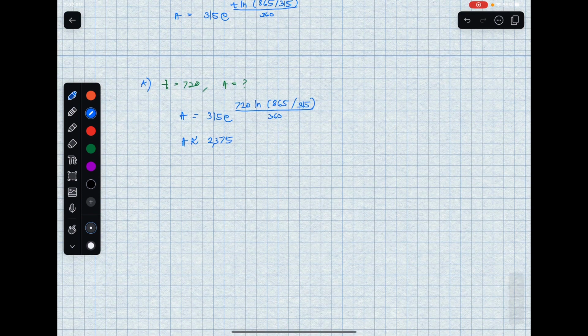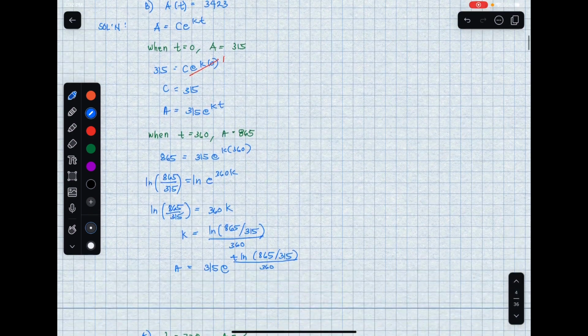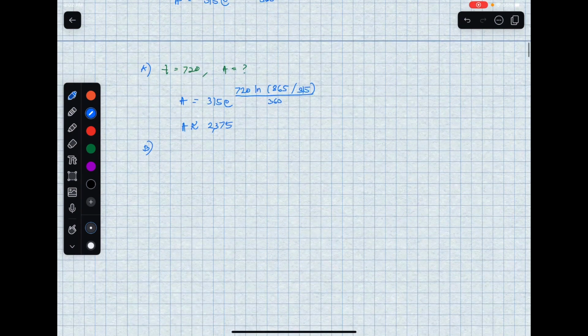For our second requirement, we are tasked to find the time when the bacteria are 3,423. So when A is 3,423, what would be the time?